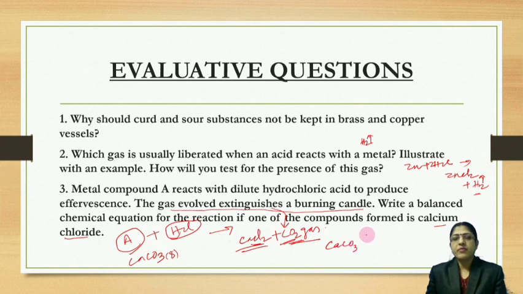CaCO3, with its state written as solid, plus 2HCl, HCl aqueous, forms CaCl2, calcium chloride, plus H2O liquid, plus CO2 gas.